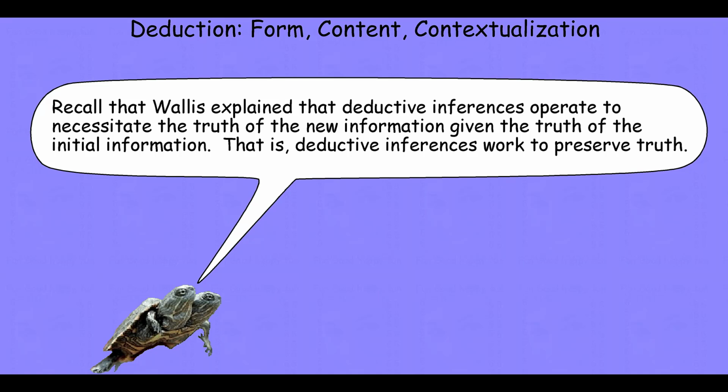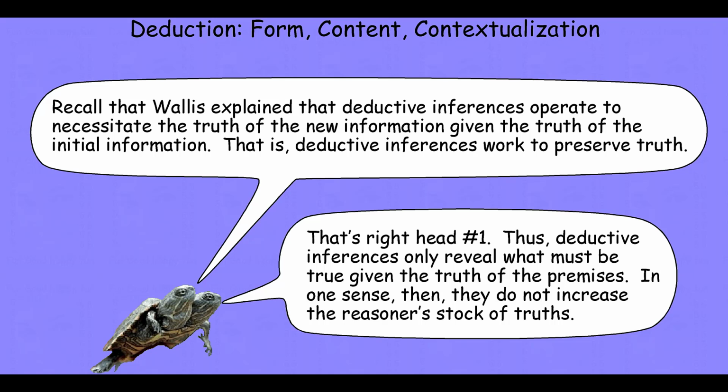So remember that I explained that deductive inferences operate to optimize truth across that inferential transformation, such that given the truth of the initial information and a good deductive inference, the resulting information from the inferential transformation will also be guaranteed to be true. So deductive inferences work to preserve or optimize truth across that information transformation.